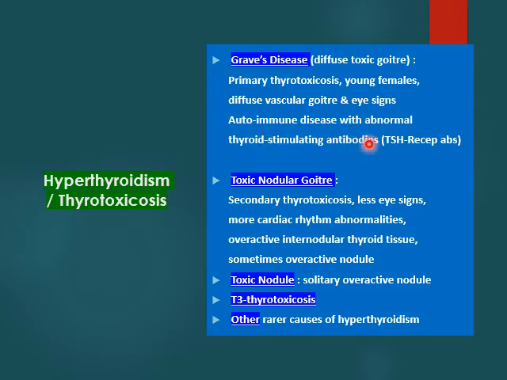It is an autoimmune disease with abnormal thyroid stimulating antibodies. The next group is toxic nodular goiter, which is secondary to other changes. These have fewer eye signs, more cardiac rhythm problems, and overactive internodular thyroid tissue. Then we have toxic nodule, solitary overactive nodule, T3 thyrotoxicosis, and other rarer causes of hyperthyroidism.